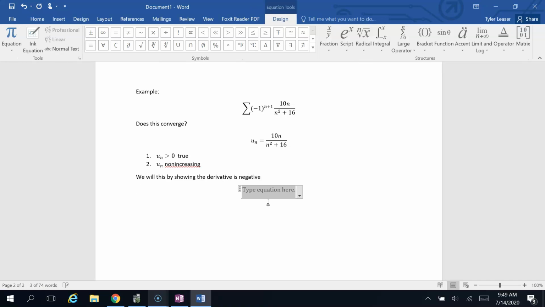All right, so that means we have to take the derivative of our sequence here. You can think of the sequence as being a continuous function since we're taking the derivative of it. Unfortunately, we're going to have to do quotient rule stuff. It's been a while since I've done quotient rule, but I think it's bottom times the derivative of the top, minus the top times the derivative of the bottom, that whole thing divided by the bottom squared.